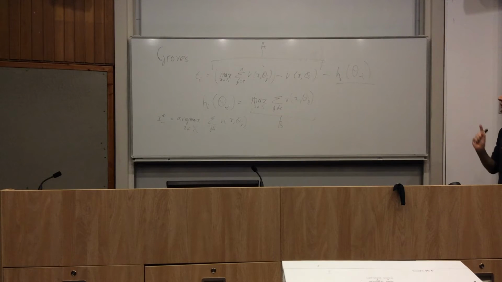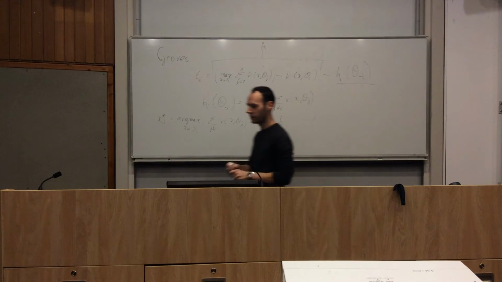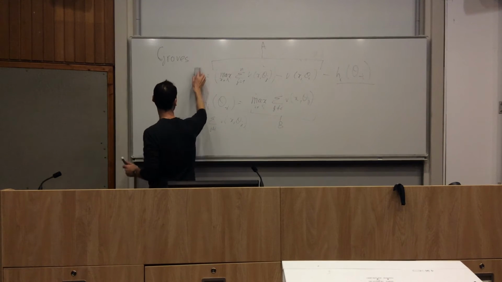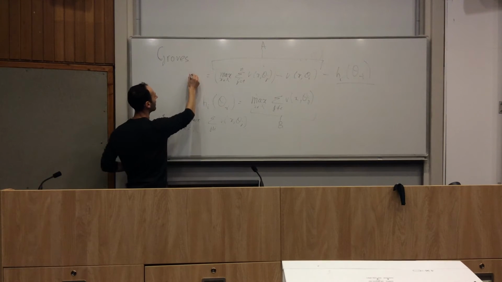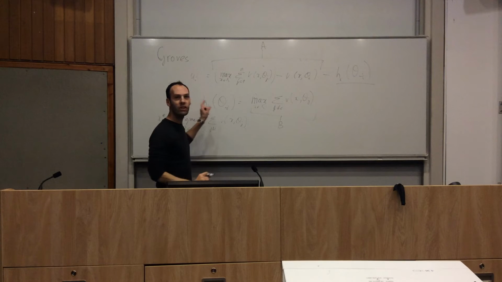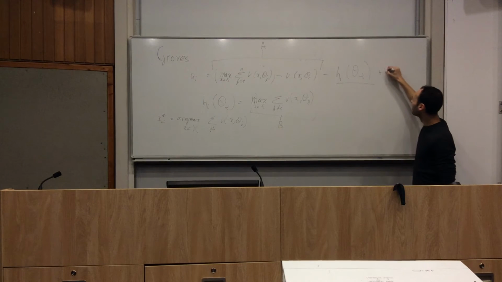Now, do we have individual rationality? What is individual rationality? Well, instead of the transfers, we look at utility. So let's look at the utility for agent I. Utility of agent I is the transfers, which is this whole bit, plus its own value.